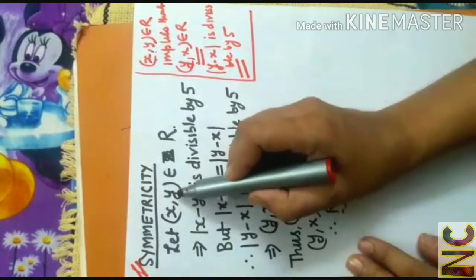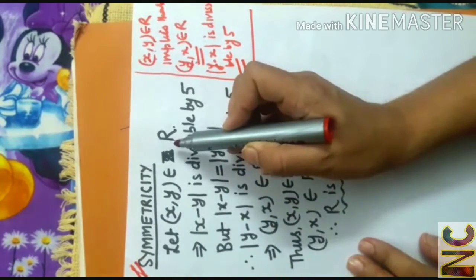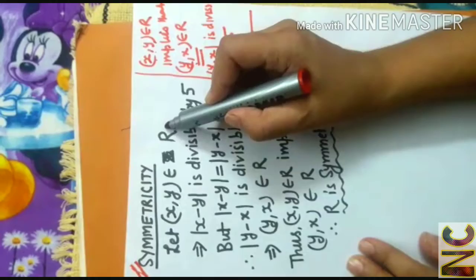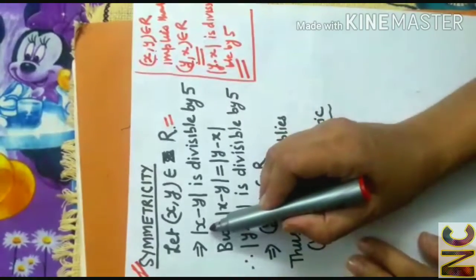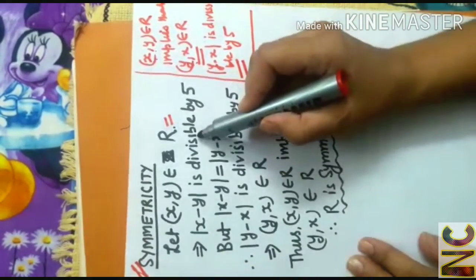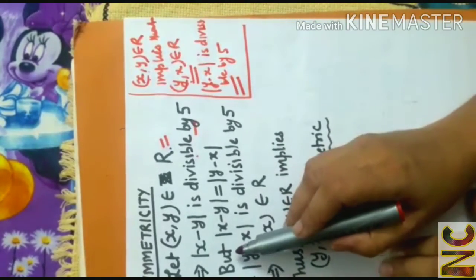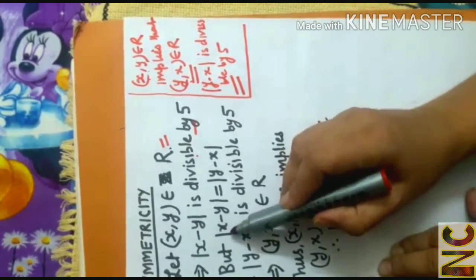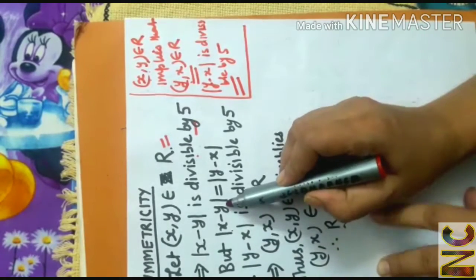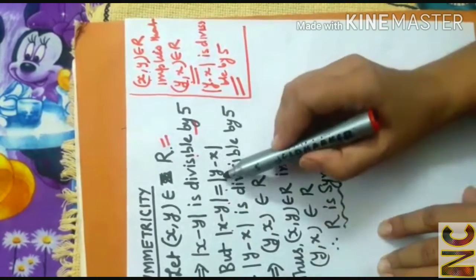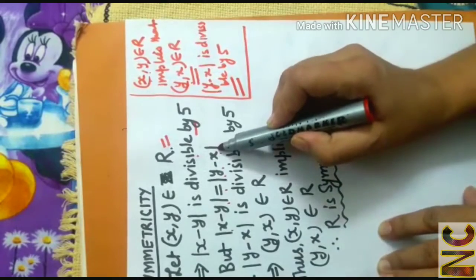Now as x, y belongs to R, therefore by definition of our relation, absolute value of x minus y is divisible by 5. But we know that absolute value of x minus y will be equal to the absolute value of y minus x.